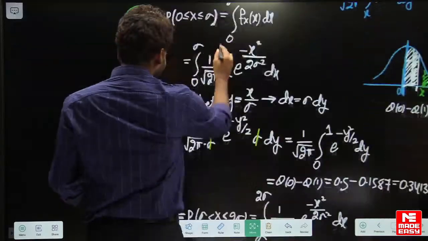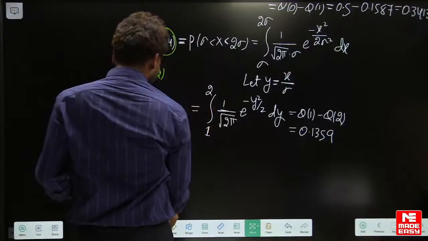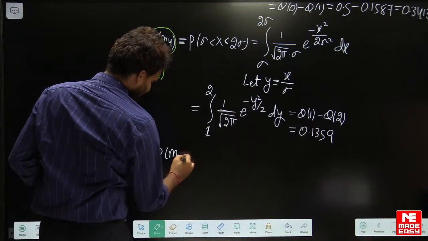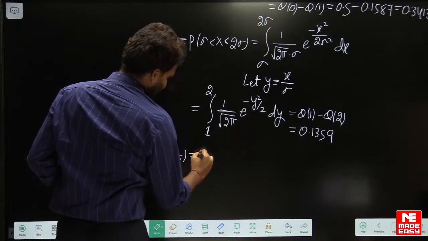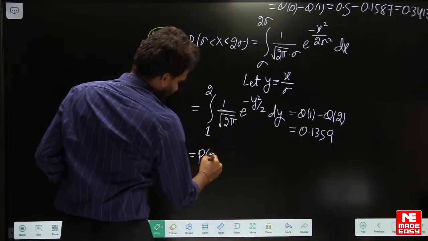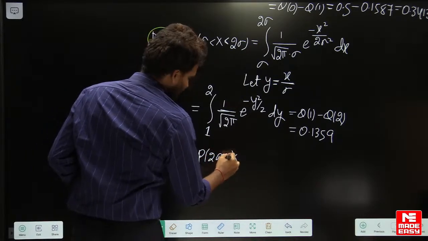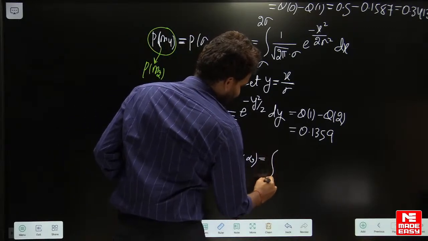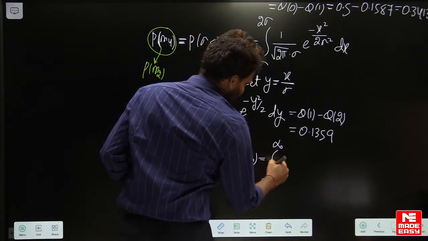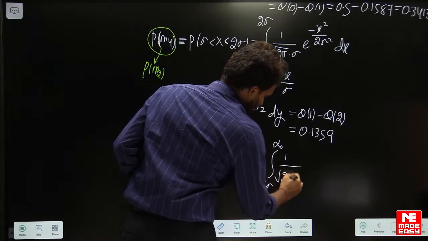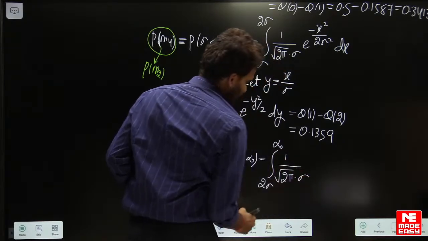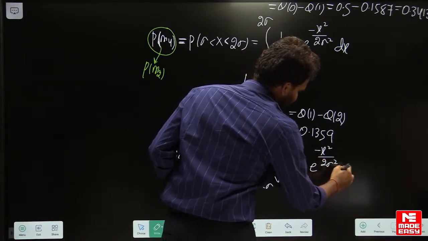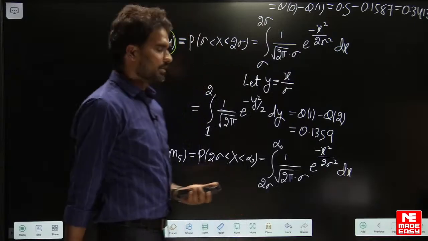So PM5 equals, what is the probability of X being between 2 sigma and infinity? This is the integral from 2 sigma to infinity of 1 by under root of 2 pi sigma into e power minus x square by 2 sigma square dx.